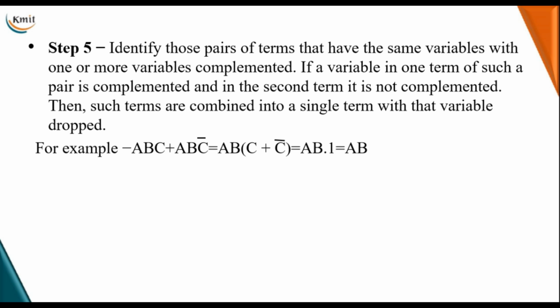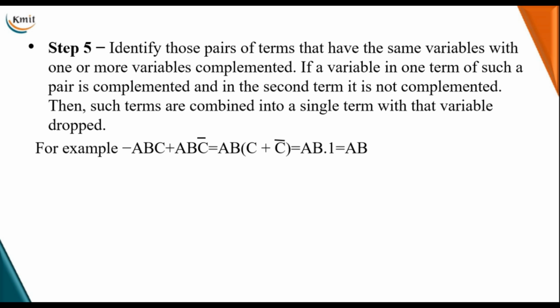Step 5 is to identify those pairs of terms that have the same variables with one or more variables complemented. If a variable in one of the terms of such a pair is complemented and in the second term it is not complemented, then such terms are combined into a single term with that variable dropped. For example, ABC or ABC bar.